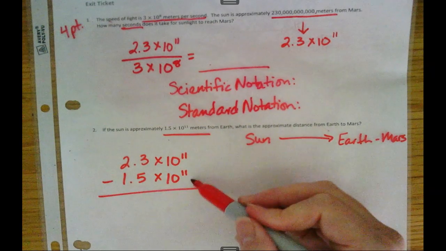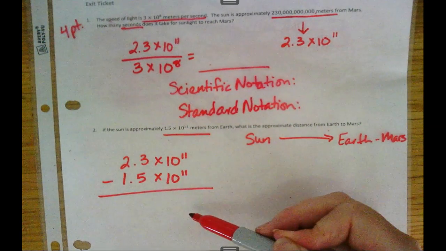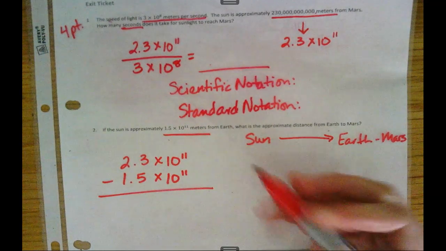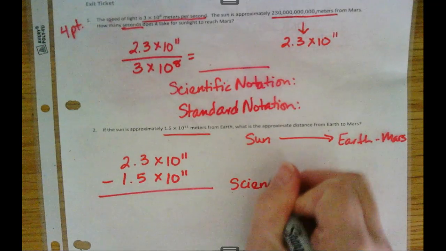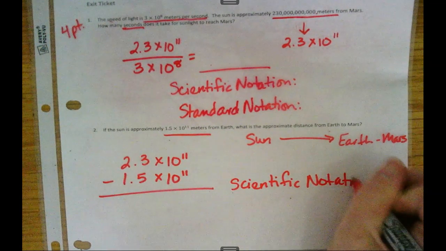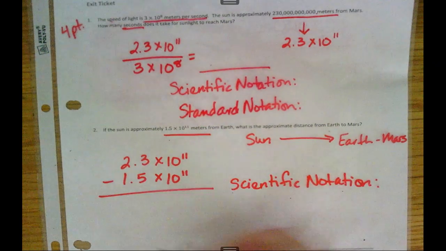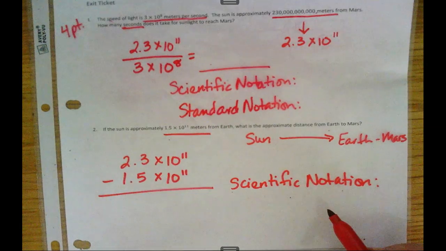And in this case, both of them are the same power of 10, so I can just subtract straight down in both cases. Then I will need to rewrite my answer in proper scientific notation, because I can tell you this is going to be a decimal and you are going to have to move it to make it correct scientific notation.